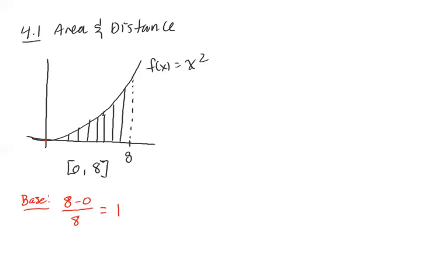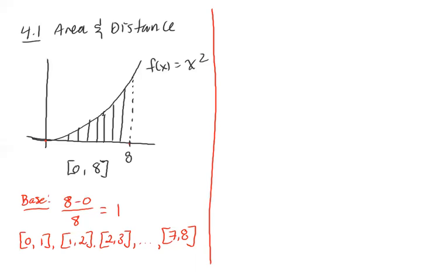Each rectangle has a length of 1. So I'm dividing the interval from 0 to 8 into 8 subintervals: from 0 to 1, from 1 to 2, from 2 to 3, and all the way to from 7 to 8. So there's my first step.